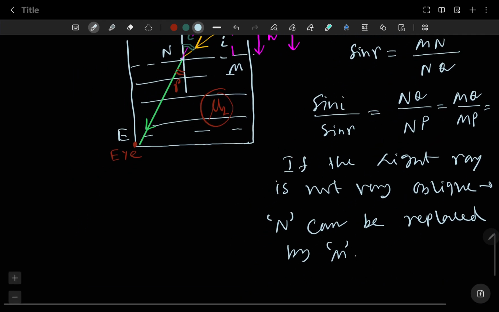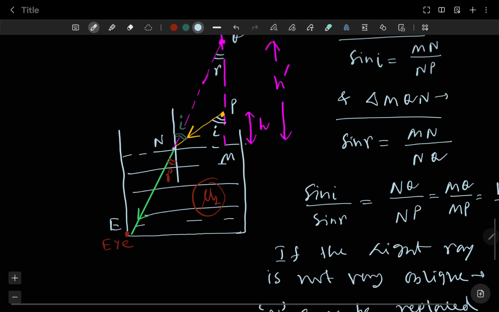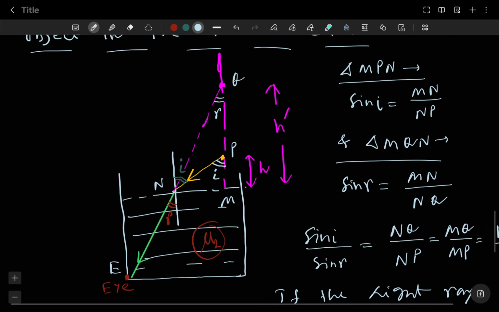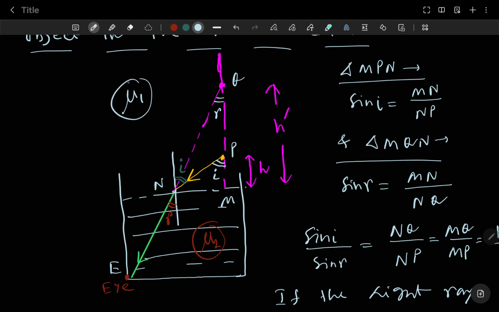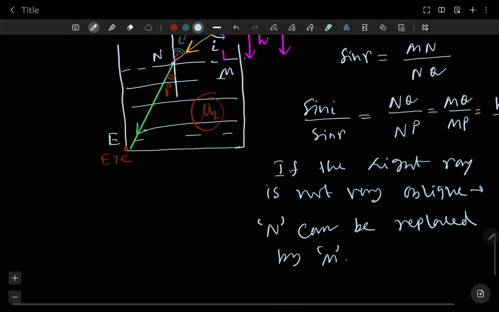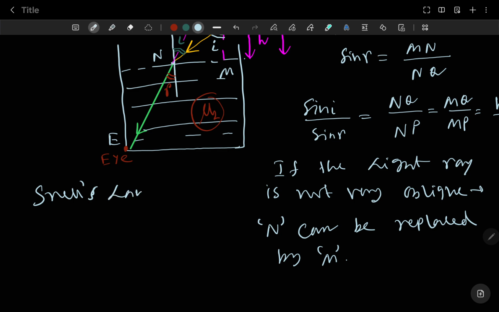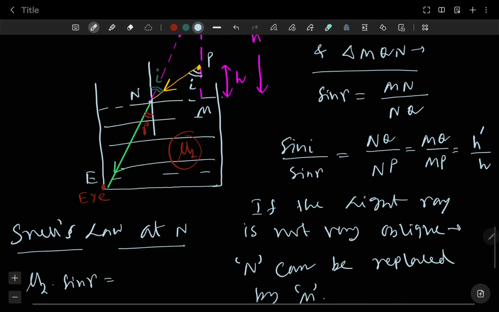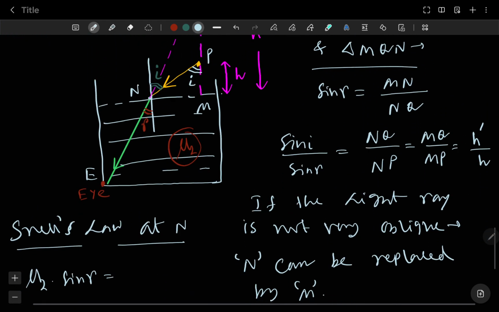Okay. Now suppose this is the denser medium mu 2, this is the rarer medium mu 1. Now if you apply Snell's law for refraction at point N, what do you get? You get mu 2 sin r is equal to mu 1 sin i.